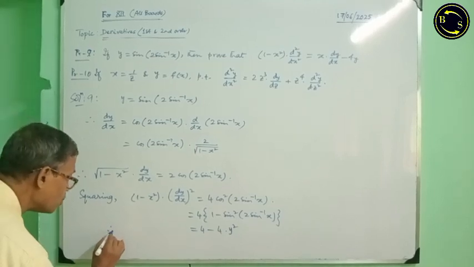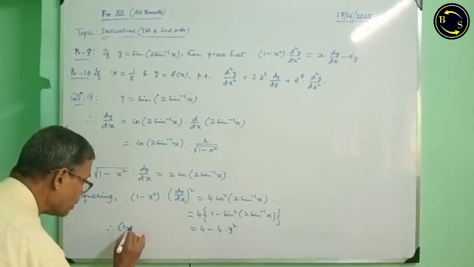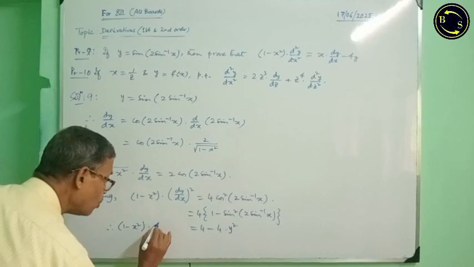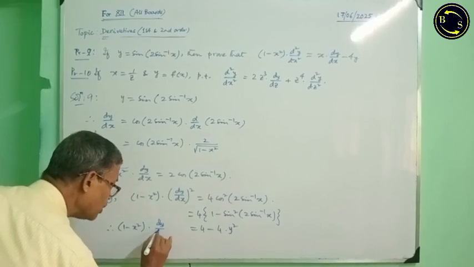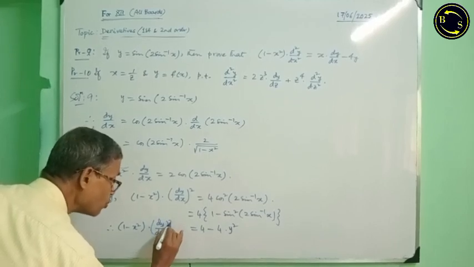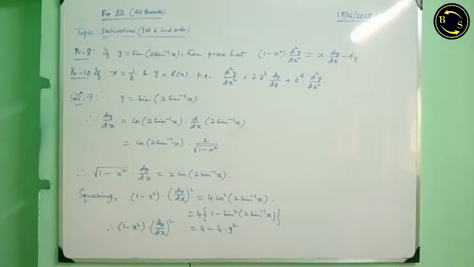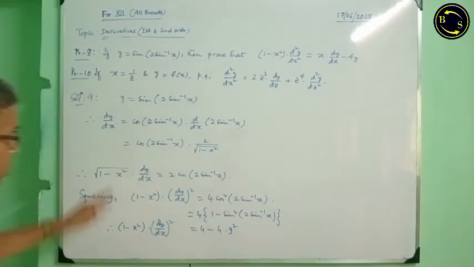Finally, we have got (1 − x²)(dy/dx)² equal to this one. Now we differentiate again. Note this step.